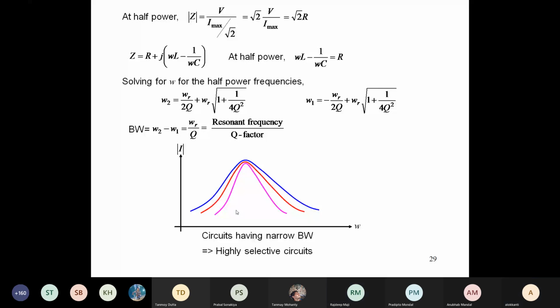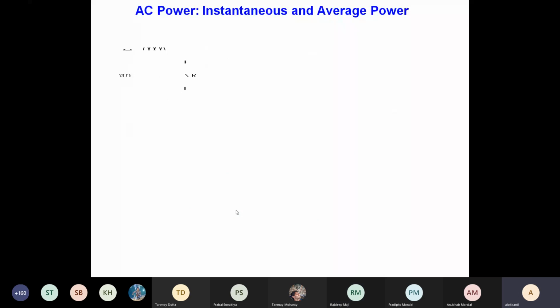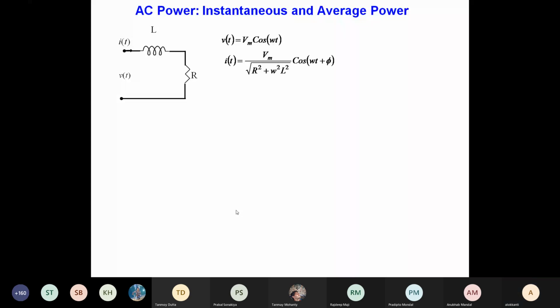Now, suppose we have an RL circuit. If you apply v(t) equal to Vm cos omega t, it will give rise to some i(t), where i(t) equals Vm by the square root of R square plus omega square L square, times cos(omega t plus phi).